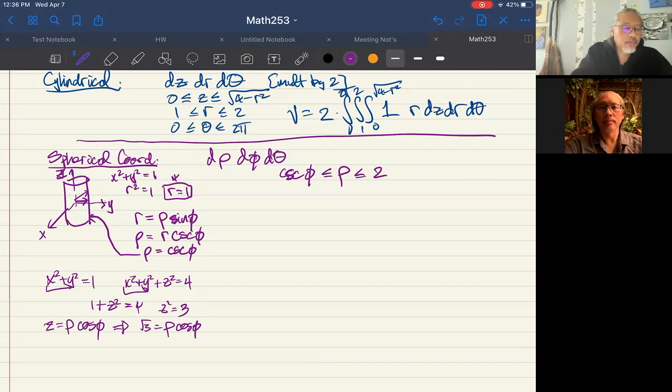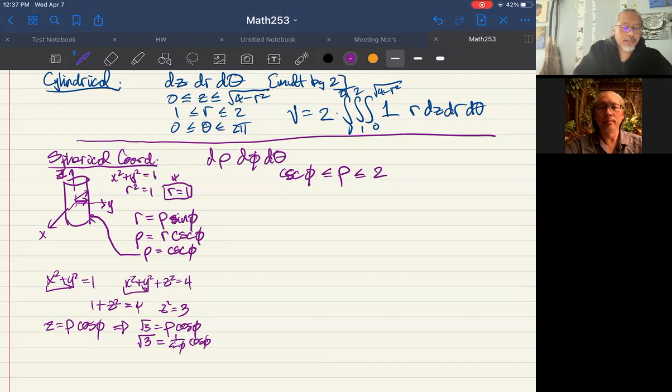Well, in that intersection that we're looking at, we can divide by rho, but rho is equal to cosecant phi. So let's write this as square root of 3 is equal to cosecant phi, which is again 1 over sine phi, times cosine phi.